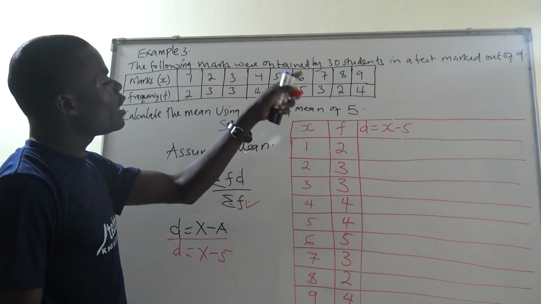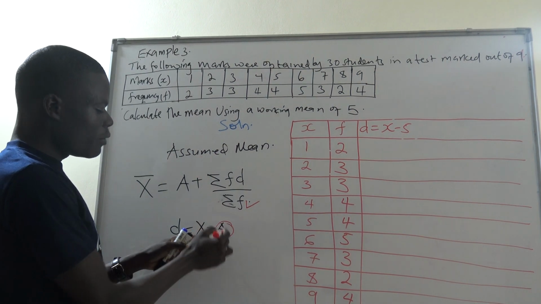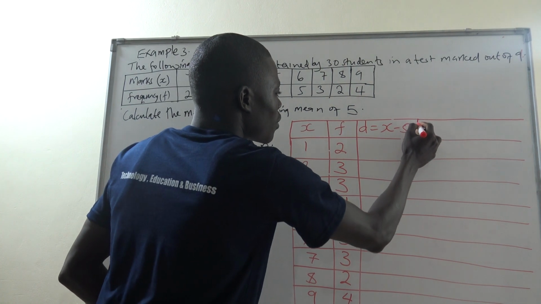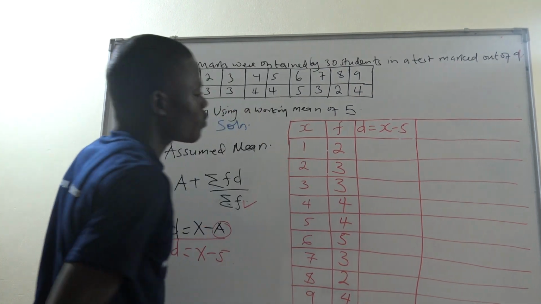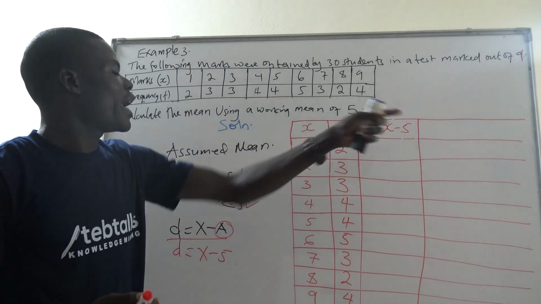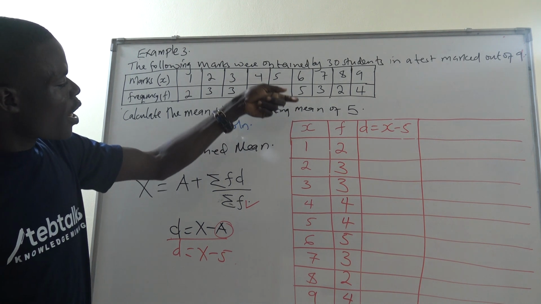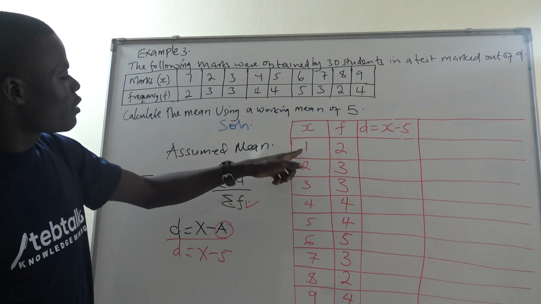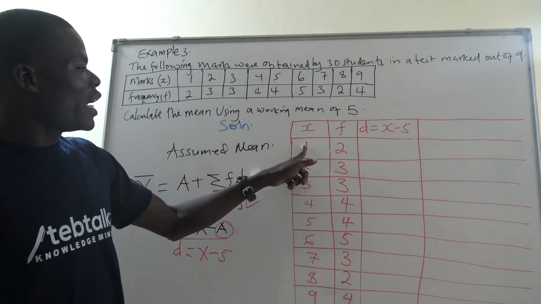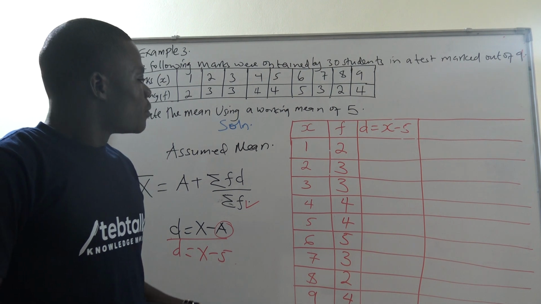Since the assumed mean is 5, or working mean is 5, instead of using A, we have decided to substitute 5. So thereafter, we need to compute x minus 5. What is x? X is the variable, which ranges from 1 up to 9. So we take the value in x, we subtract 5, we get the answer.